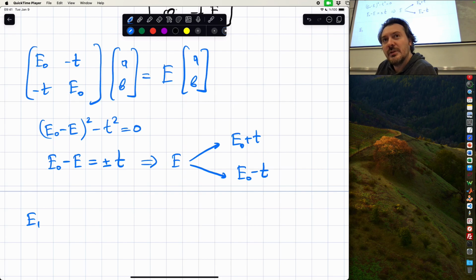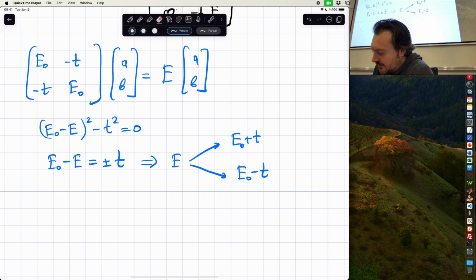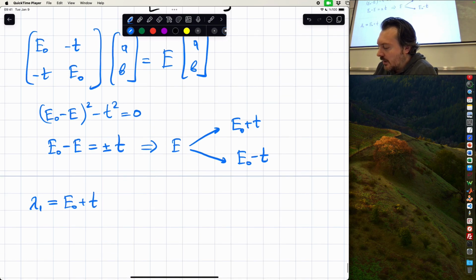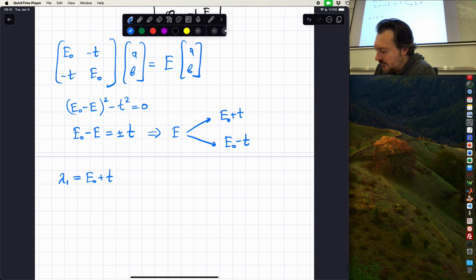Will it confuse you if I say E1? It will, right? You will think that it's the first atom's energy. So one of the eigenvalues is E0 plus T. How do I find the eigenvector? What do I do? E0 minus lambda, minus T, E0 minus lambda 1.